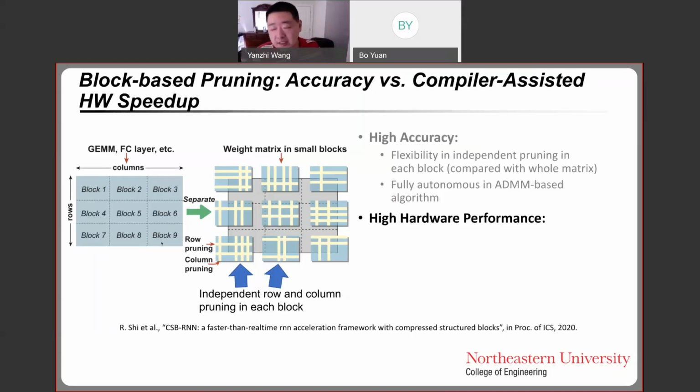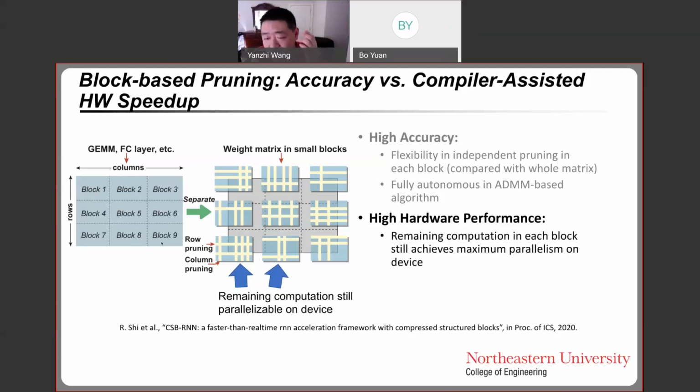Because these weight matrices are very large, their size is orders of magnitude higher. They have millions of parameters and millions of computations. This weight matrix or tensor is orders of magnitude larger than the available parallelism on a hardware device. So even if we divide into blocks and perform pruning thereafter, the remaining computation can still achieve the maximum performance on this device.